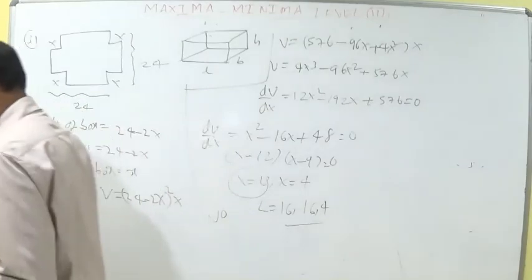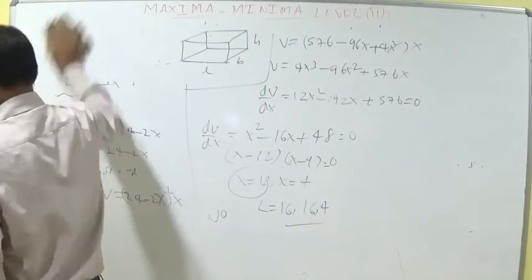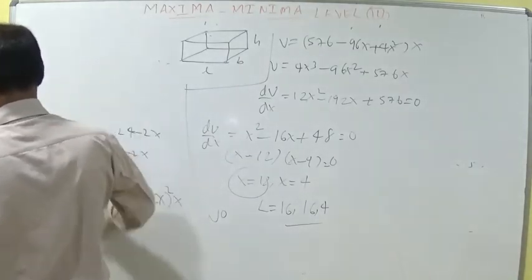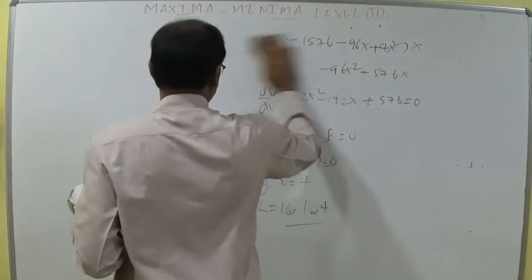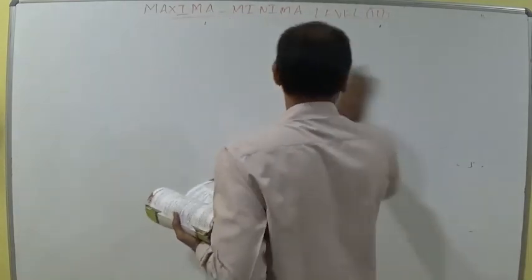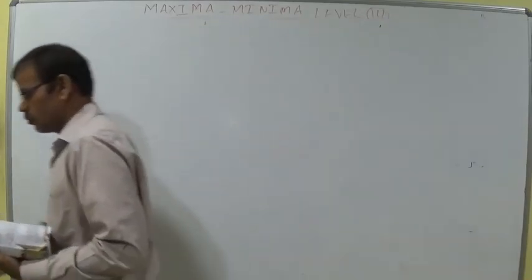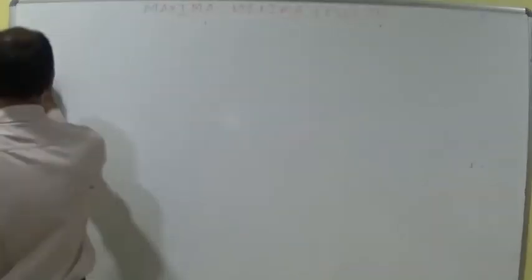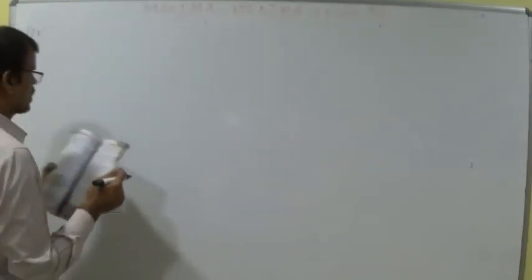Next, let us discuss the 32nd question. An open tank is to be constructed with a square base.